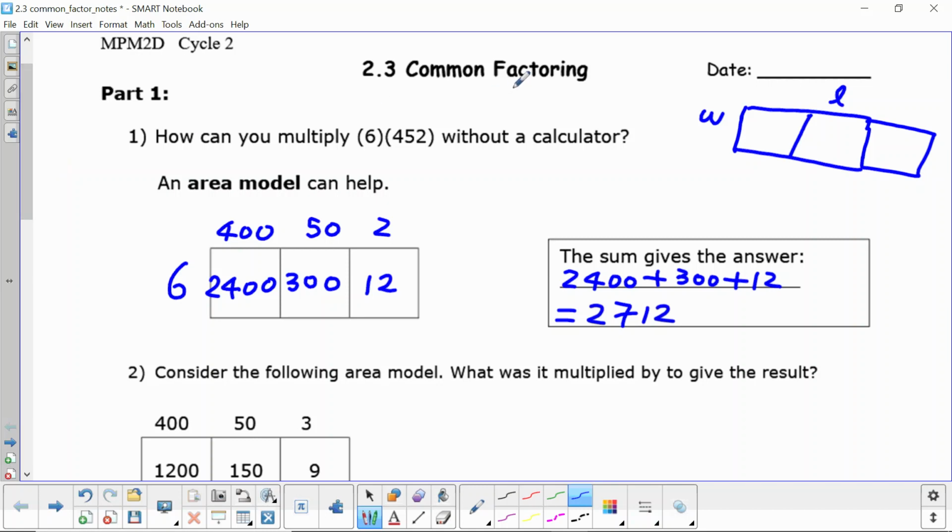And factoring, we know we are going to do backward. From the area, we want to find the outside. That is called factoring. 6 and 452 are factors of 2712.